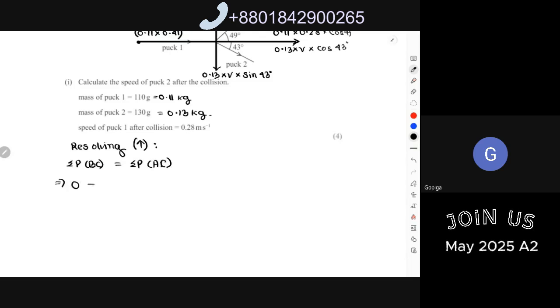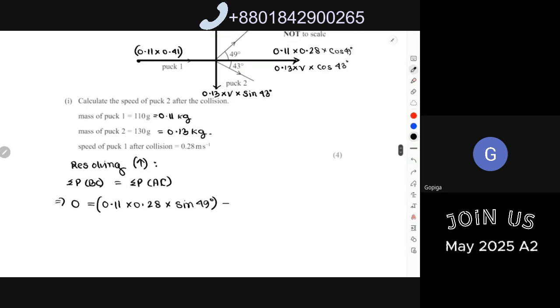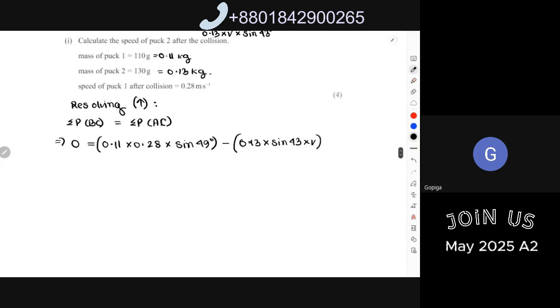Sum of momentum before collision was 0. After collision is going to be 0.11, 0.28 sine 49, minus, this will be subtracted because they were traveling in different directions, 0.13 sine 43 with V. Right, so if you just take this to the left hand side, it will become positive 0.13, then sine 43, then V, and this is 0.11, 0.28, and then sine 49.